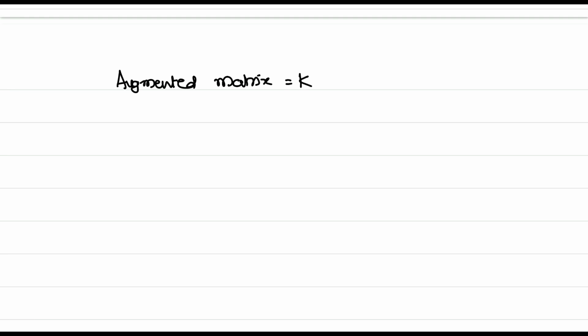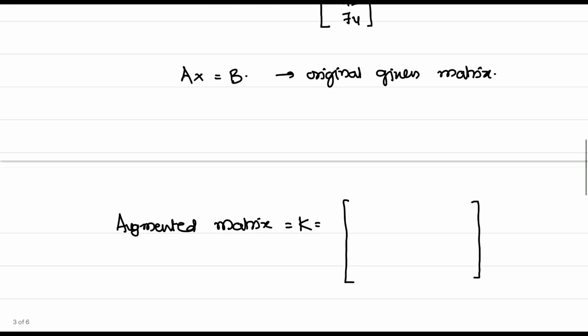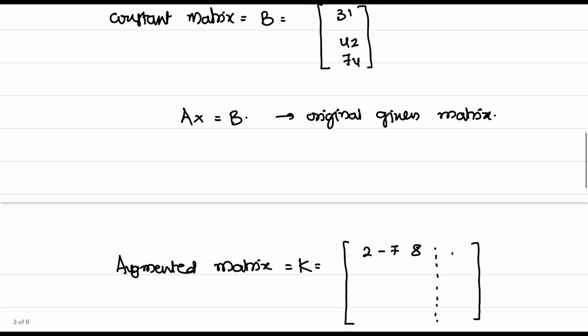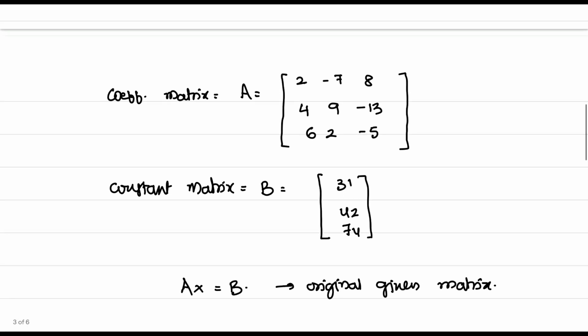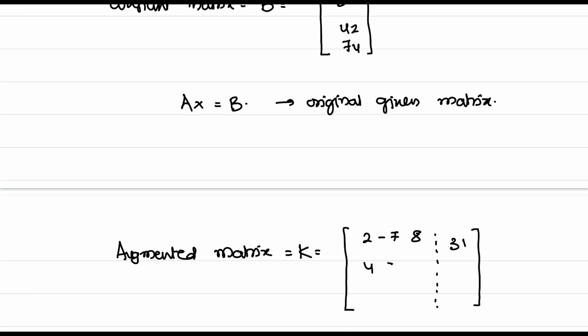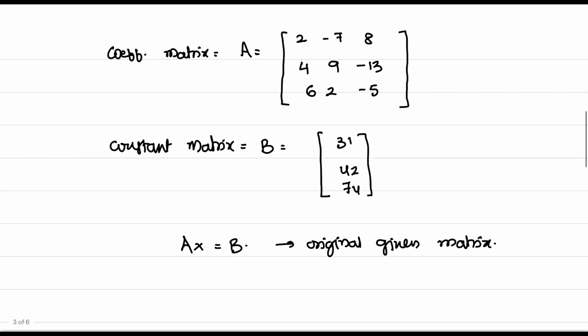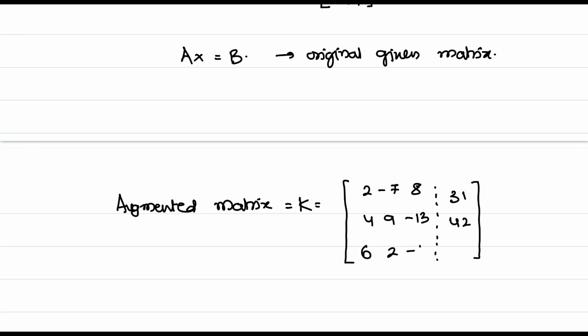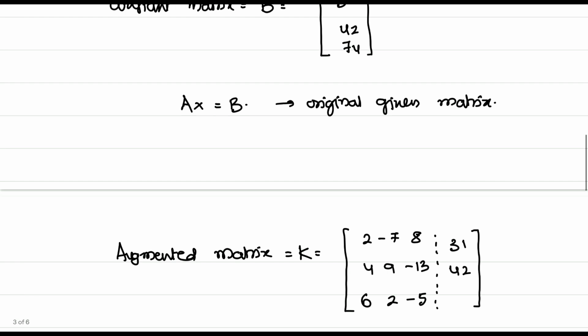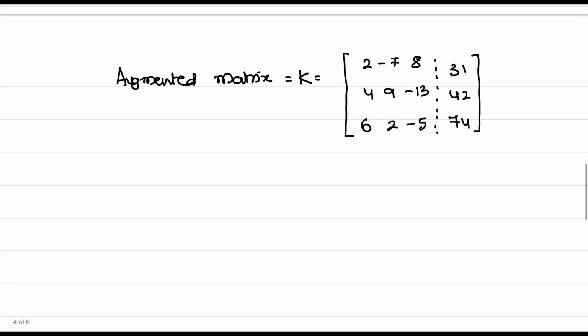Augmented matrix, let it be K, that is equal to, this will be a bigger matrix, 2, minus 7, 8, and we will draw a dotted line, 31 in the first row, and 4, 9, minus 13, and 42 in the second row, and 6, 2, minus 5, and 74 in the third row. Now, this is augmented matrix.